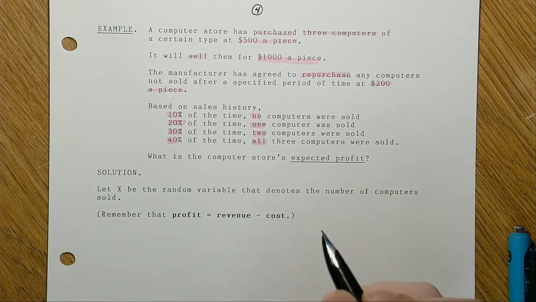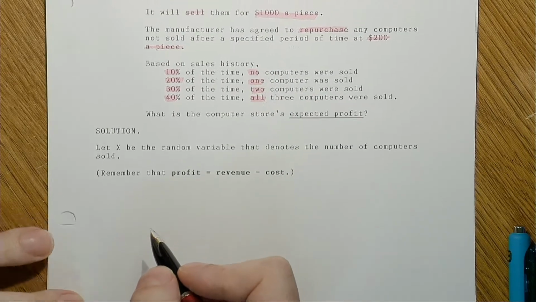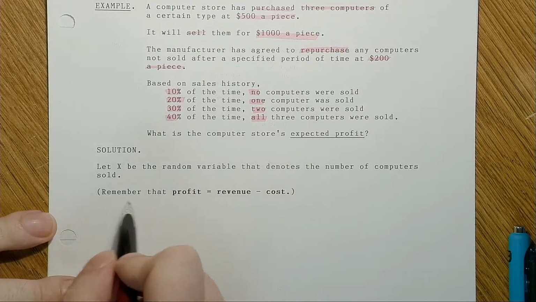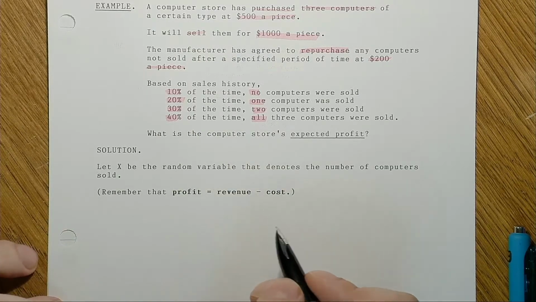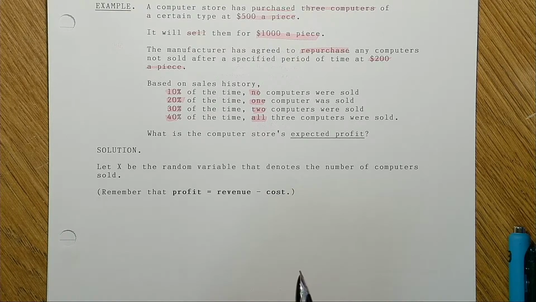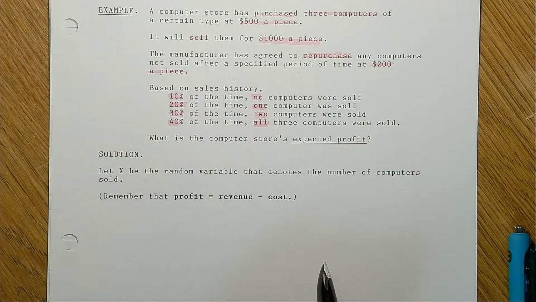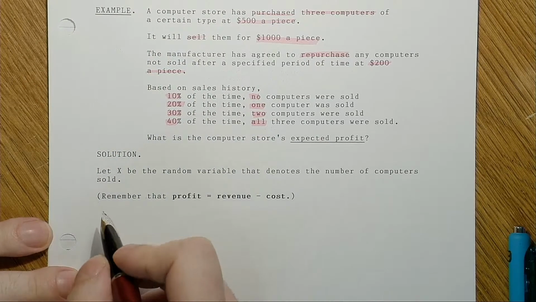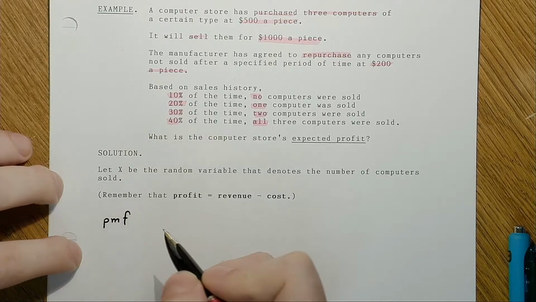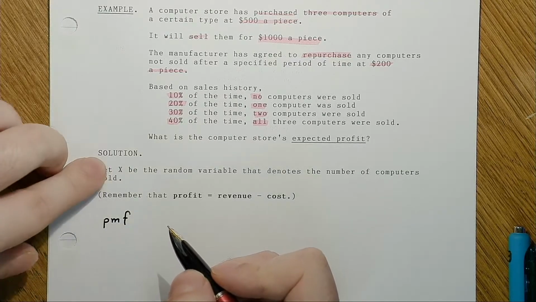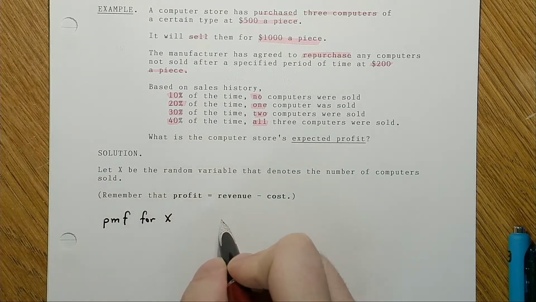So in this case, we just have to remember that profit is equal to the revenue, all the money that you make, minus your costs. Again, because we have all this information here, it's probably something that we need to lay out a little better. So the first thing that I'm going to do is write this as we need our PMF, or the probability mass function for our variable x.